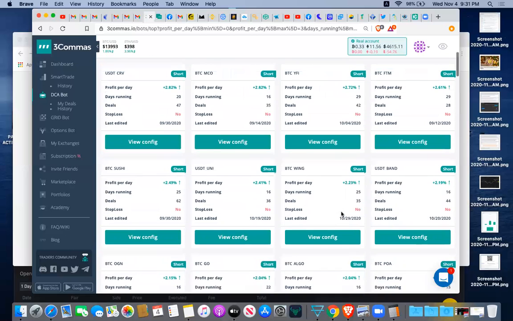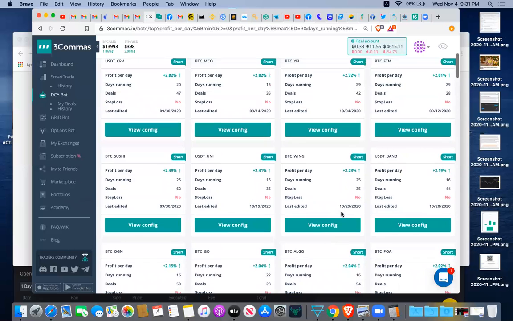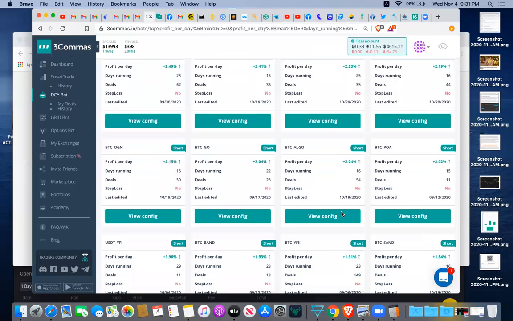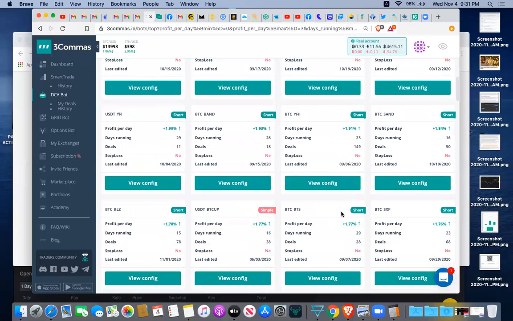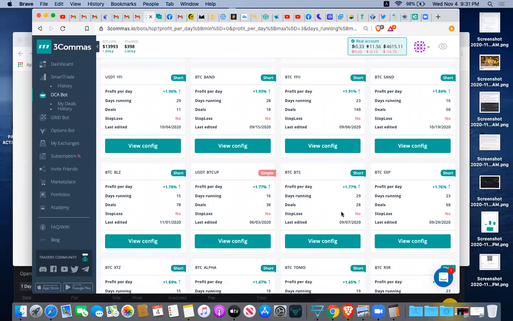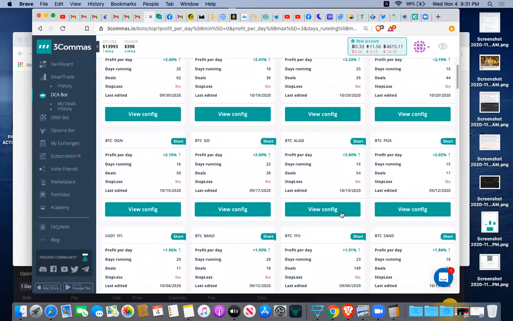Now, if I copy their trade, let me check if we can do just one. I want the one that has not run for too long.